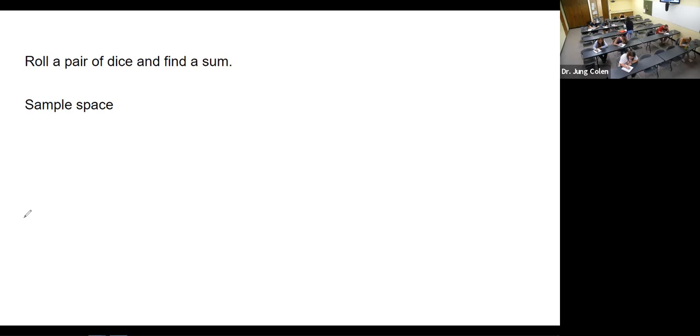I actually like this one for this question because we have too many branches there. But this works too. And then you need to find the sum.